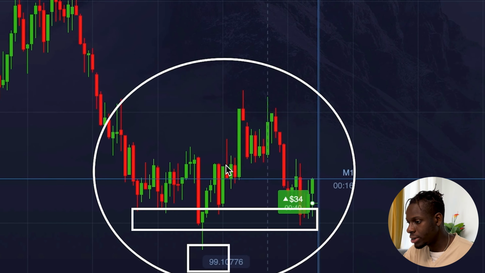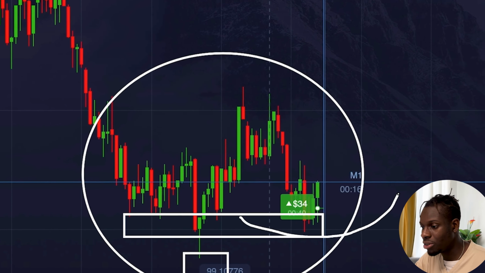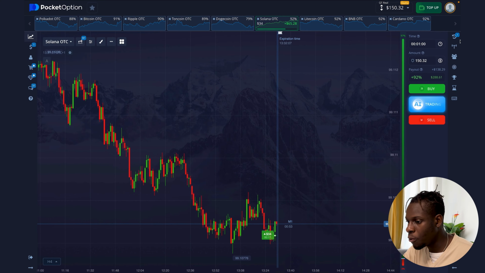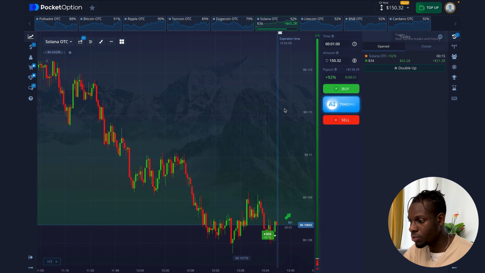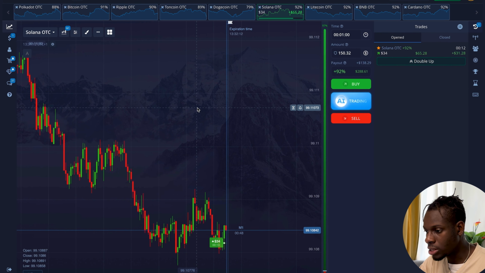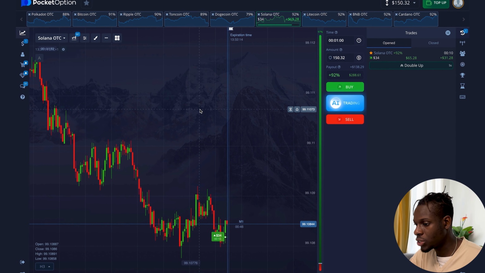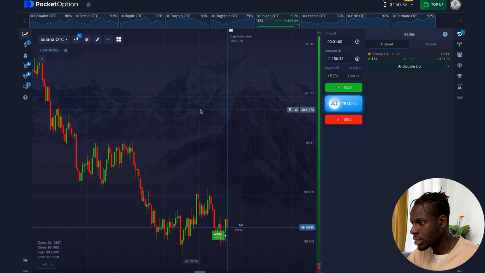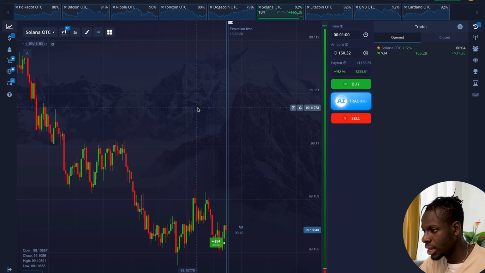Now, right now, we are currently sitting on the area of support again, and we can expect price to push. It's already pushing and showing signals, and that's why I was a bit hesitant because it can go further down. There is actually a potential for price to keep on going down. But because I saw the signs of the rejections around that area, I took this for a buy. Of course, I'm already ready in case the first one goes negative.